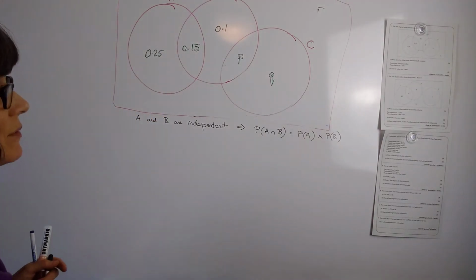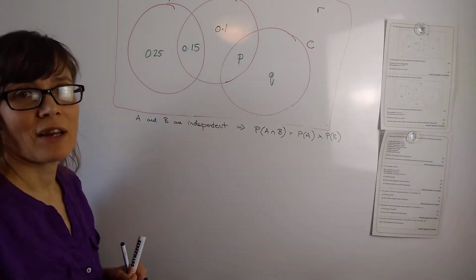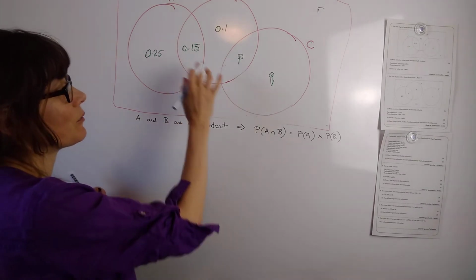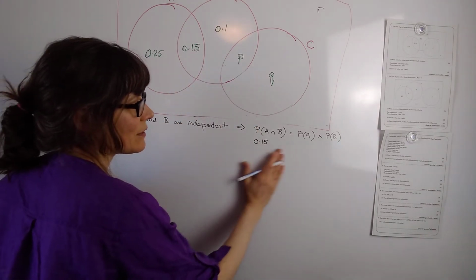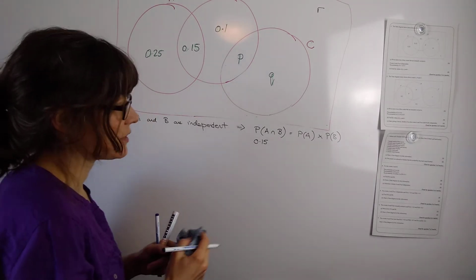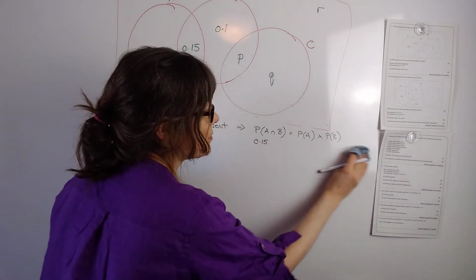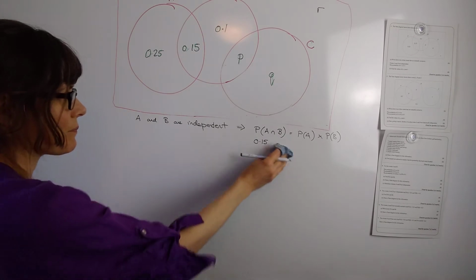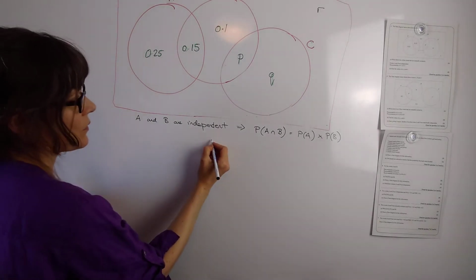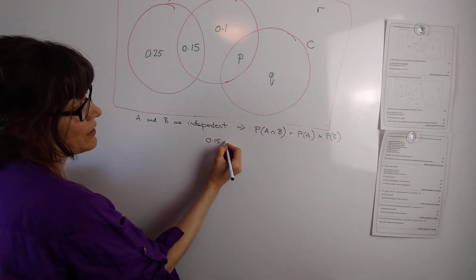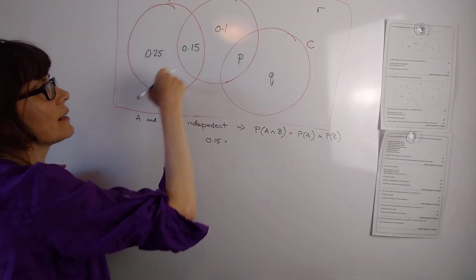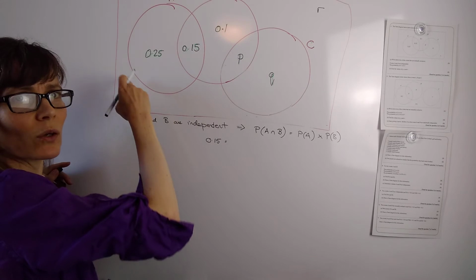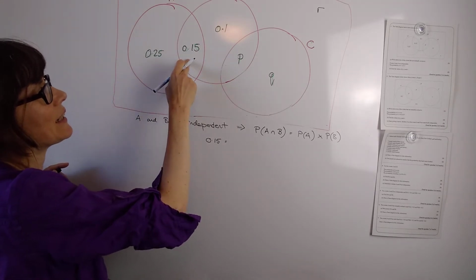So for this question, the intersection of A and B, we just read it off the diagram. We've got 0.15 on that side, and on the other side, probability of A times probability of B. Make room for that. So 0.15 equals, so this is a little bit trickier. Probability of A is all of this lot, so it is both of these added together.